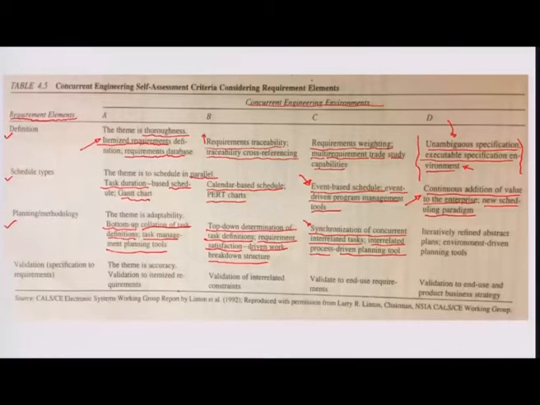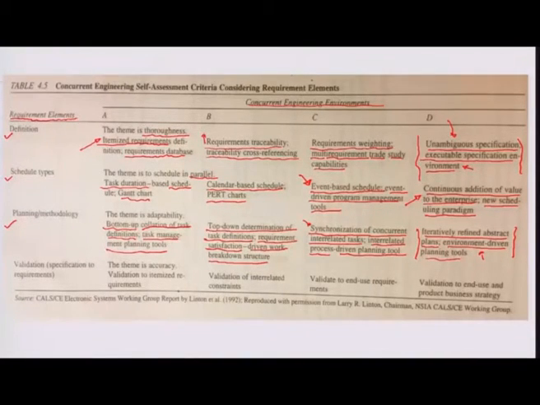And yet another level, the highest level D, is basically the iteratively refined task, the abstract plans which are environment driven. So, if the environment changes, the planning methodology changes based on it. This is the latest and highest level of requirement elements that could be offered by a concurrent engineering environment.